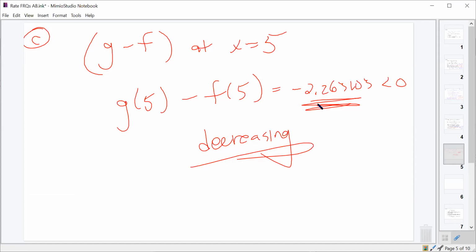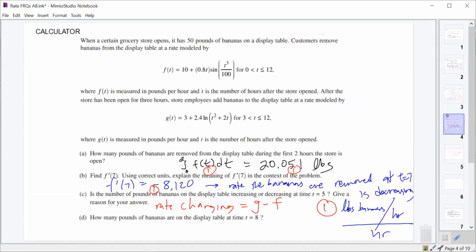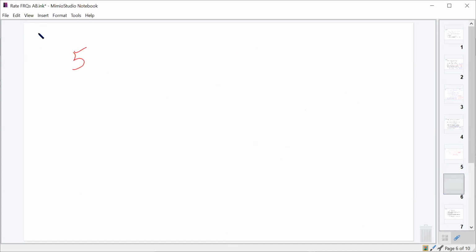All right. Okay, part D. Sorry, what did part D ask? How many pounds of bananas are on the display table at t equals 8? So we want to know how many are on there at t equals 8. Well, that ought to be the amount that we started with, which was 50, plus the amount that are put on. And the amount that are put on is the integral of g of t dt.